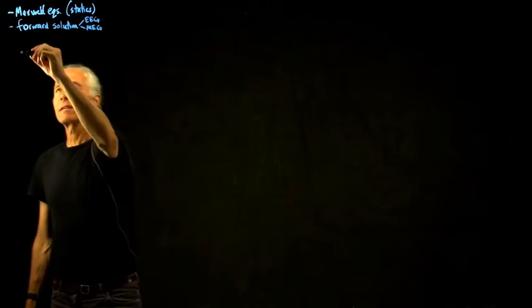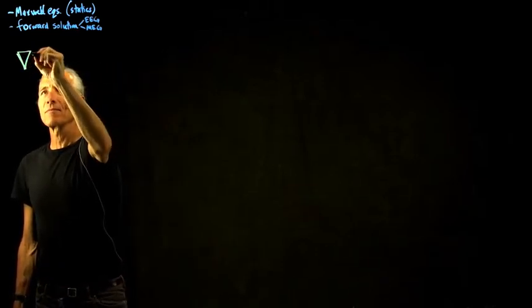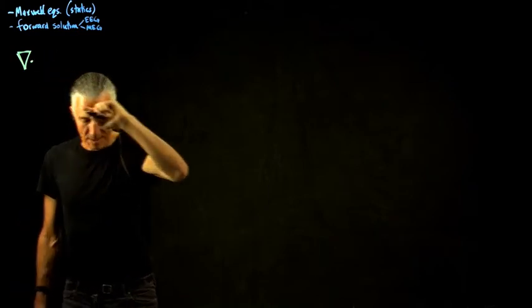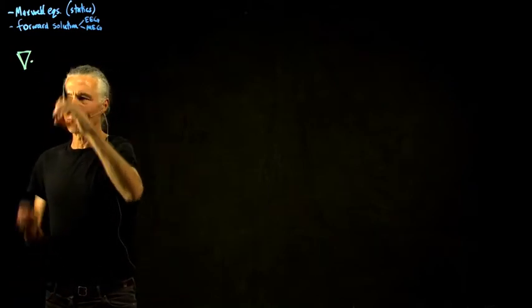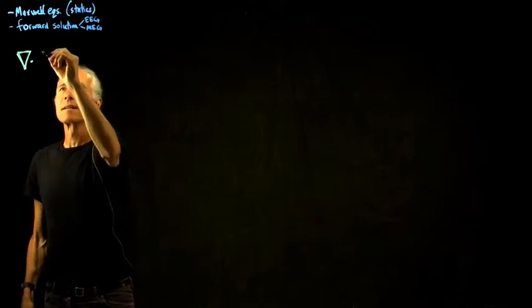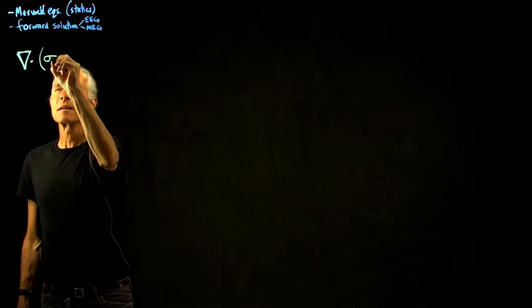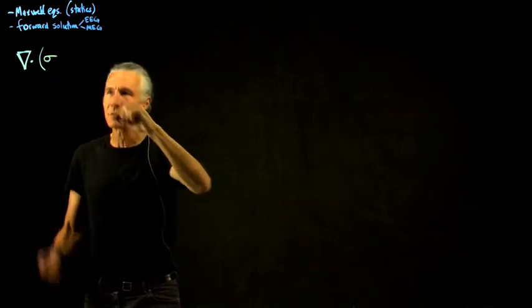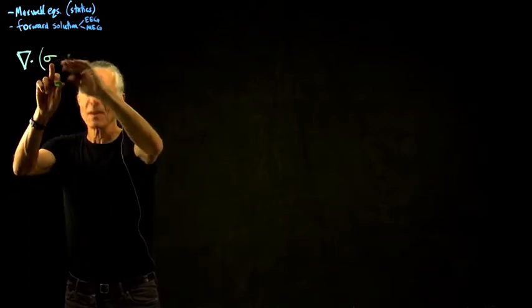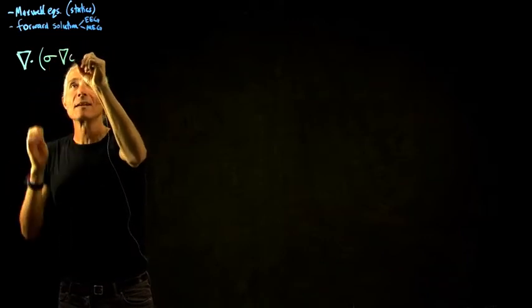The first one is pretty familiar, looks like what we had before. If you take the divergence, which means the radiatingness of a vector field, but that vector field is the conductivity times the gradient of the potential.